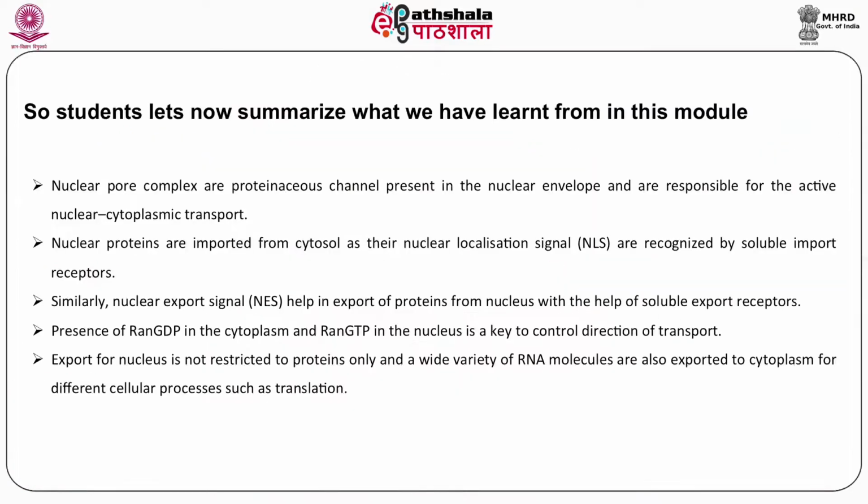Export from the nucleus is not restricted to proteins only, and a wide variety of RNA molecules are also exported to the cytoplasm for different cellular processes like translation.